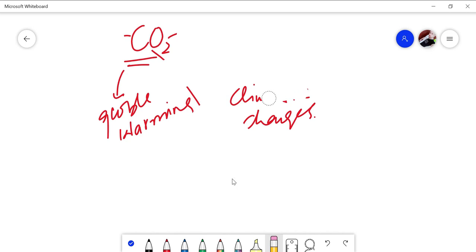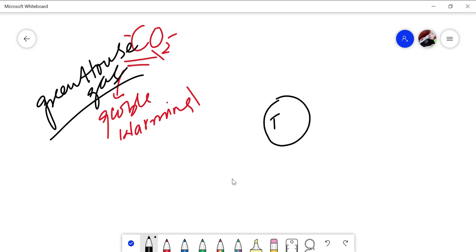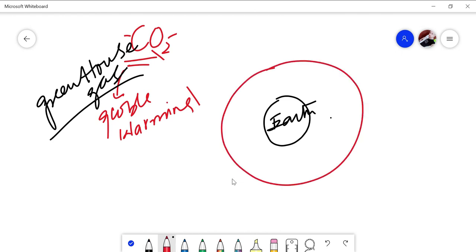When we talk about the global warming effect, it's a greenhouse gas as well. We will talk about the greenhouse and then the global warming effect. See, if this is Earth, it is covered by a layer of carbon dioxide. Please don't talk in the middle. The sunlight is falling here. This sunlight will be trapped in this area.